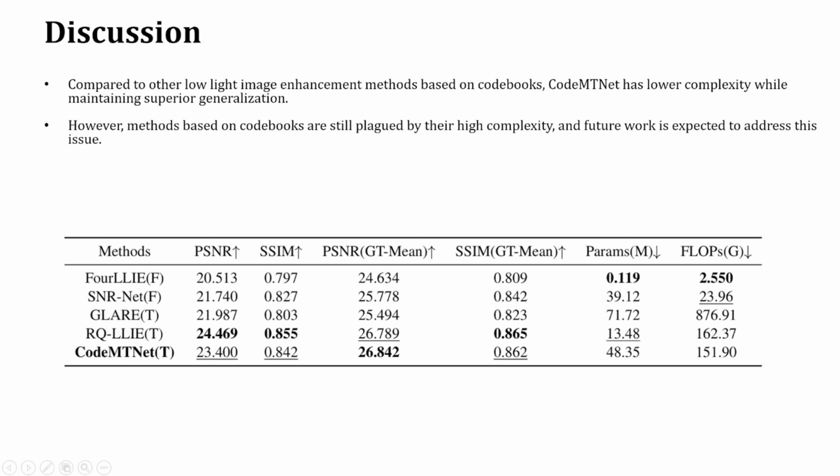We conducted a comparison of codebook-based and non-codebook-based methods on the LOL version 1 dataset. Compared to other low-light image enhancement methods based on codebooks, CodeMTNet has lower complexity while maintaining superior generalization. However, methods based on codebooks are still plagued by their high complexity, and future work is expected to address this issue.